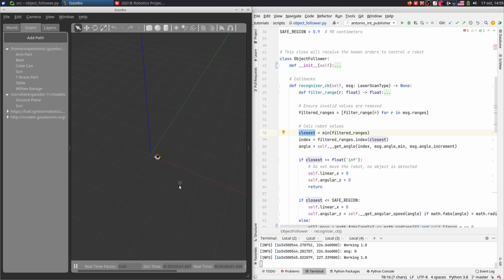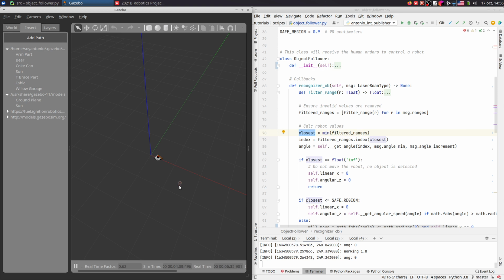It gets the first index. So for example, if an object is 1 meter away from the robot and is at index 0, and the other is also 1 meter away but is at index 10, what will be returned is the first one because it has the most priority. Maybe it can cause troubles in the future, I don't know, but for this simple approach we can keep it like it is. We don't need to track it.